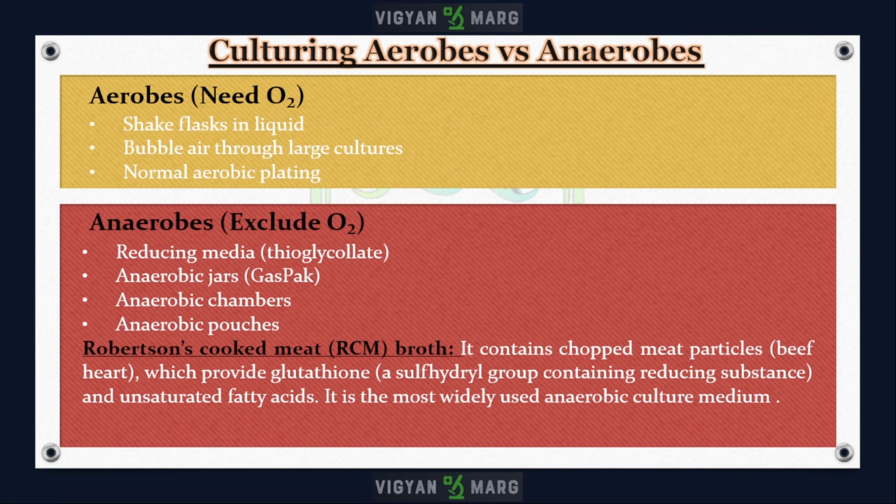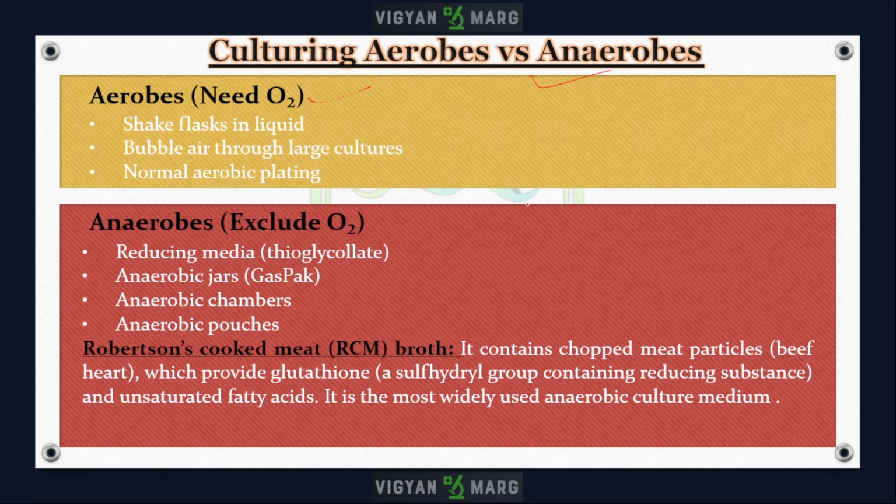Next, if we move on to the next slide, culturing different bacteria: aerobes versus anaerobes. Different bacteria have different oxygen requirements, so culture conditions must be adjusted according to the organism.